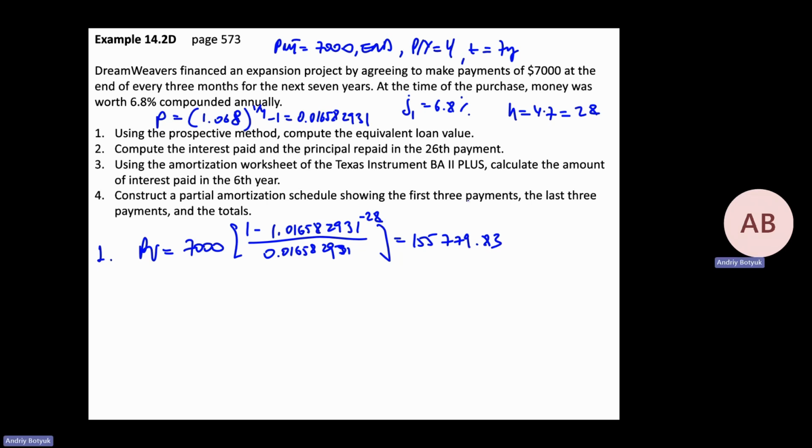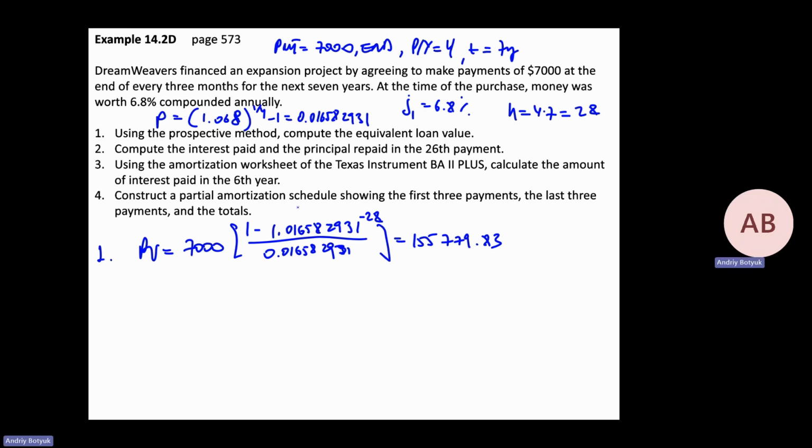Okay, compute the interest paid and principal repaid in 26 payments. If you decided to use the formula, you need to find the balance after payment number 25, correct? And then using P, calculate interest.